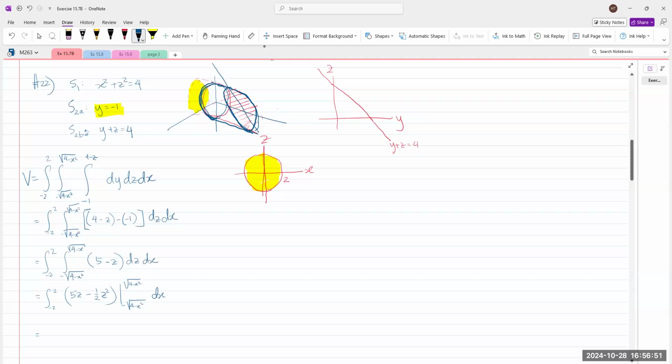That is the integral from -2 to 2 of 5 times 2 square root of 4 minus x squared, minus 1/2 times (4 minus x squared minus (4 minus x squared)). That's where the 0 comes from.